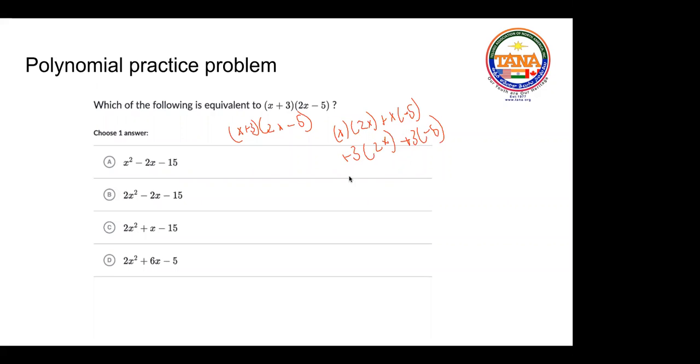And this all goes out to 2x squared, because you're multiplying x to the first by x to the first, minus 5x, plus 6x, 2 times 3 is 6, minus 15. And if you combine like terms, you have 2x squared plus x minus 15, and that would be answer choice C. Any questions?